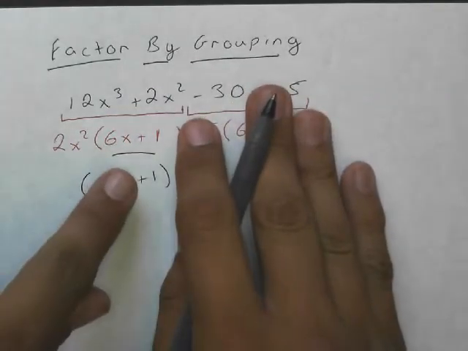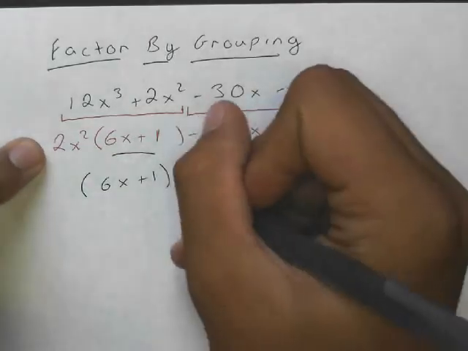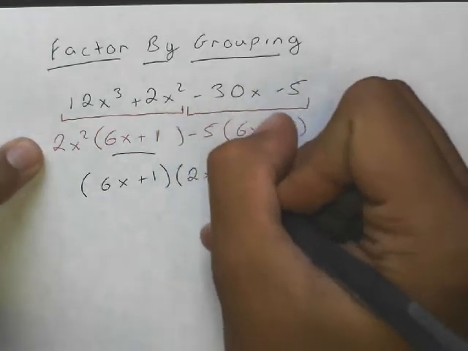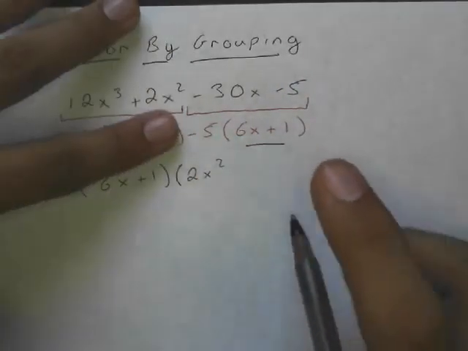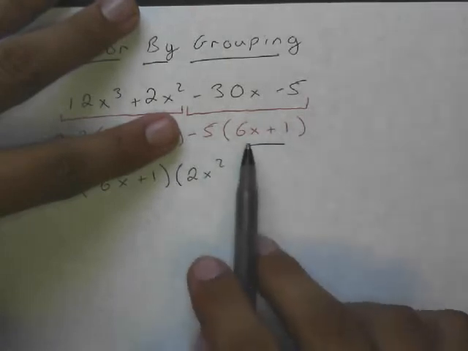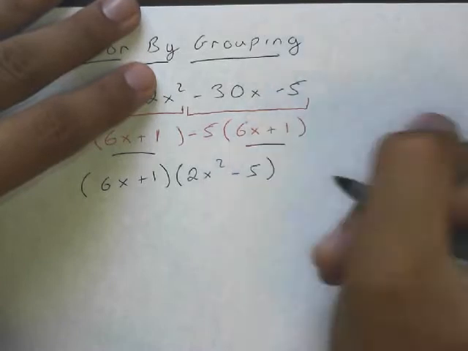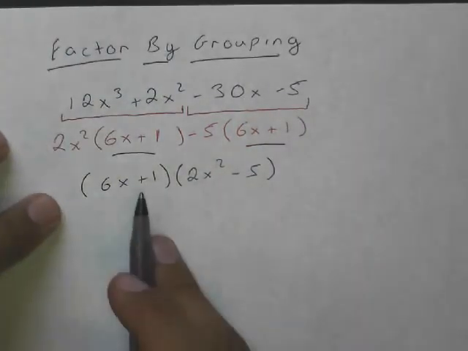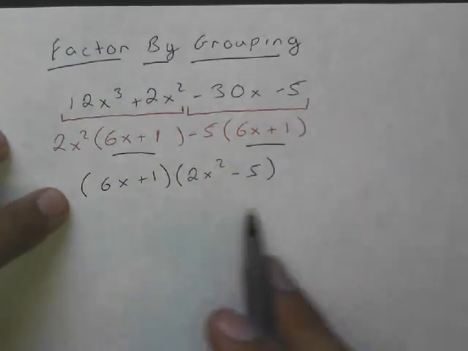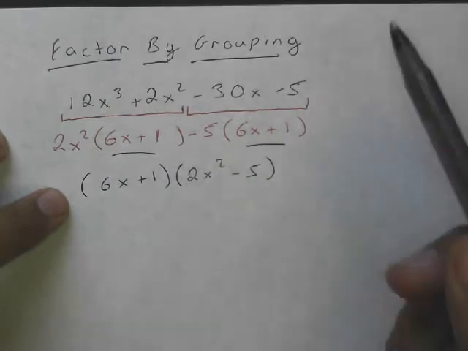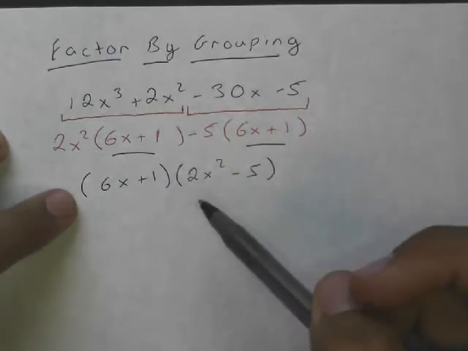Just a 2x squared. Well, from the second group, when I take that 6x plus 1 out, what's left? A minus 5. This right here is going to be my final answer. Again, you can check by multiplying everything together.